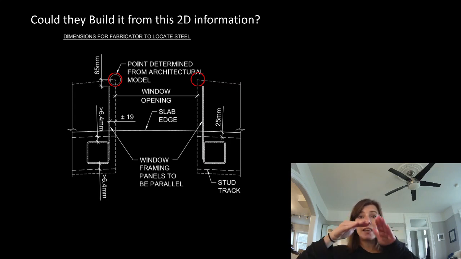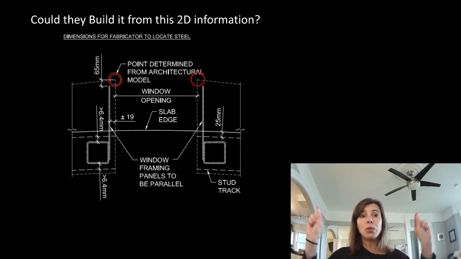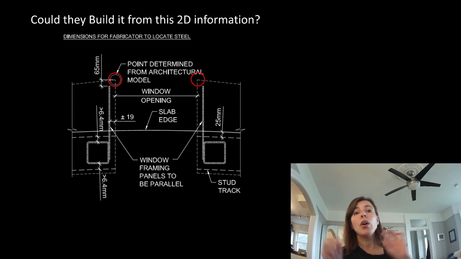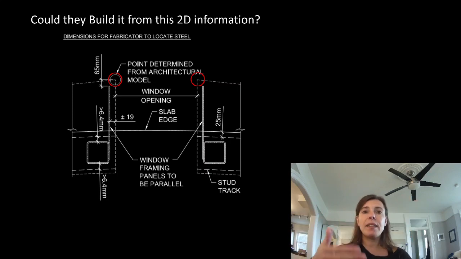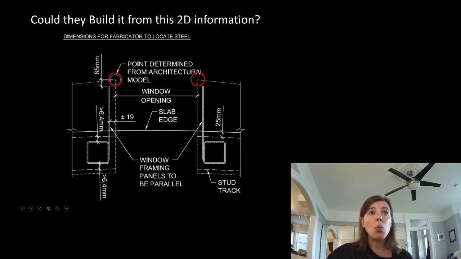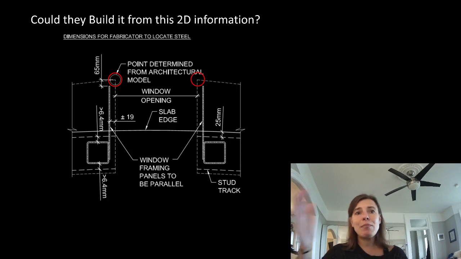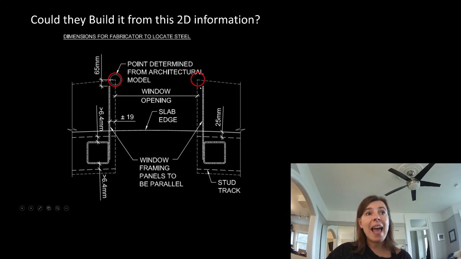So our faceted windows, at all of those corners, there could have been 3 to however many, 10 per window, could have a representation in X, Y, and Z. That could be given to them. They could input that into whatever model they wanted. And I said, based on that node right there, your window sock needs to be 65 millimeters away from the surface, 19 millimeters away from the edge, plus minus 19 millimeters.